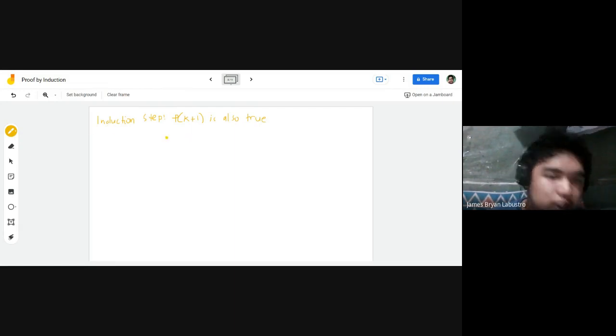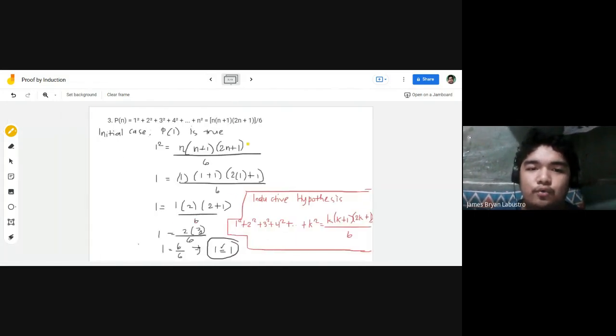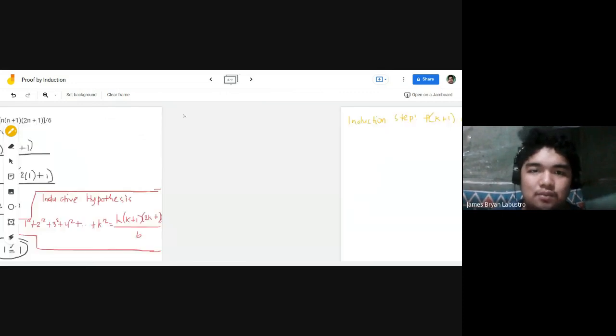By the induction step, first we're going to write the inductive hypothesis added by k plus 1.